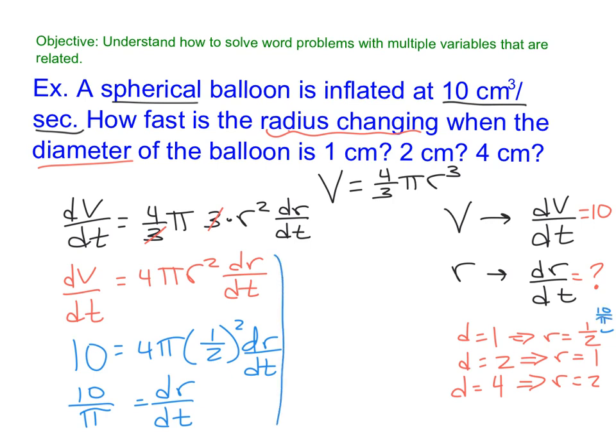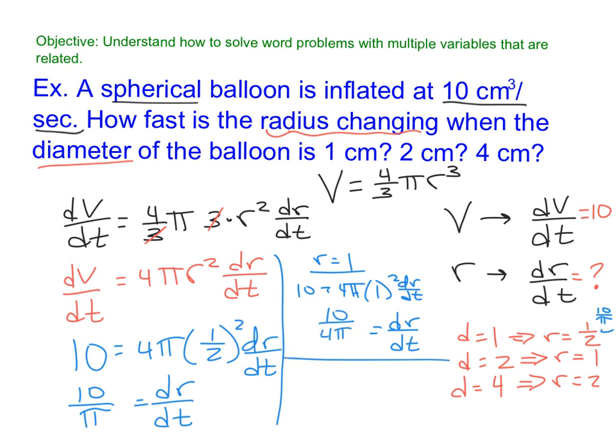And then, I don't have a lot of space here. Now let's do r equals 1. So 10 equals 4 pi, 1 squared dr dt. So this time dr dt equals 10 over 4 pi, or 5 over 2 pi.